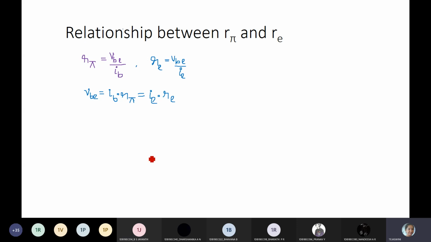From this, what is R pi? R pi is equal to IE into RE by IB.